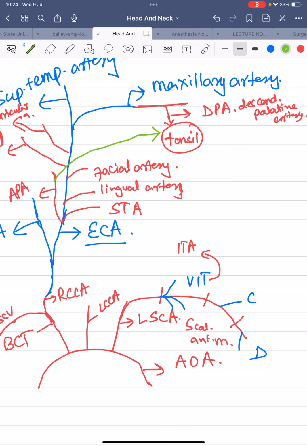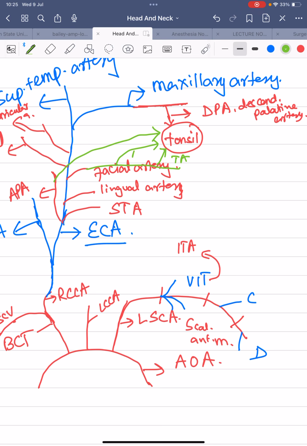Okay, then this facial artery, for example, is giving here a direct tonsillar artery to the tonsils, and this is also giving one branch to the tonsil, that is your ascending palatine artery.